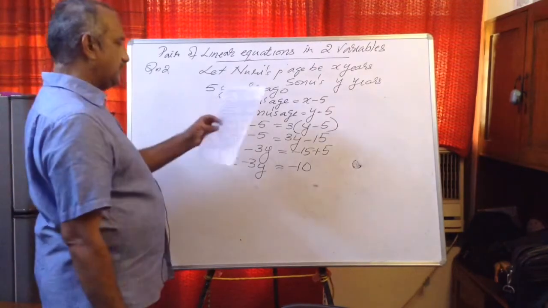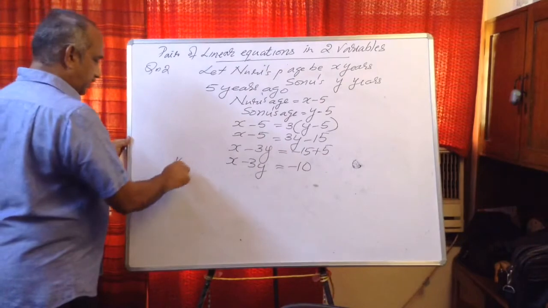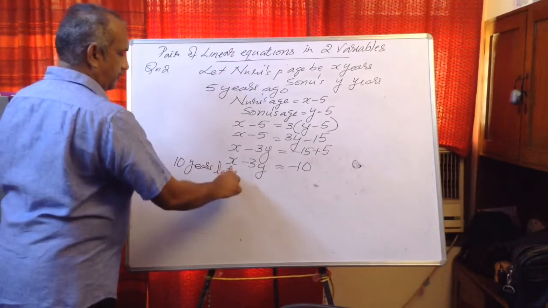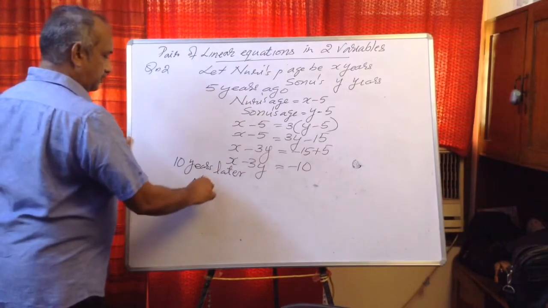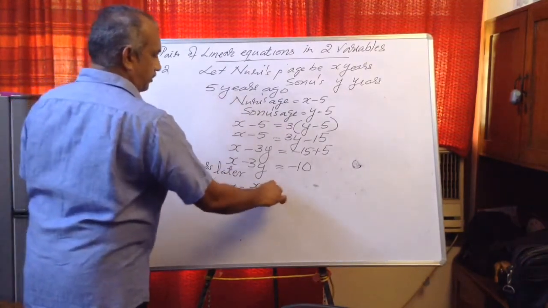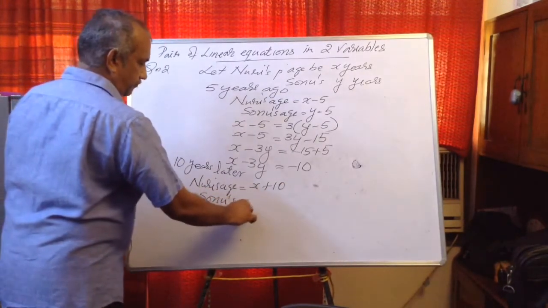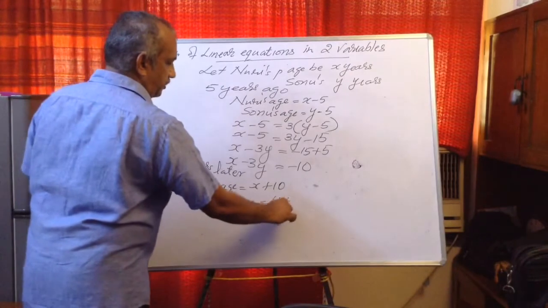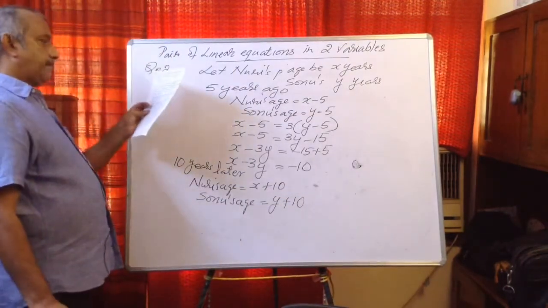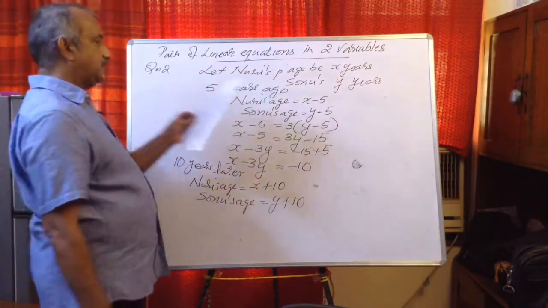The second one says 10 years later. So 10 years later, Noori's age is x plus 10 and Sonu's age is y plus 10. Now 10 years later Noori will be twice as old as Sonu.